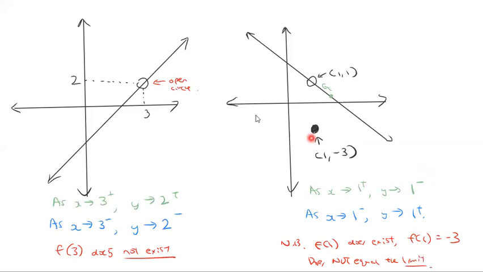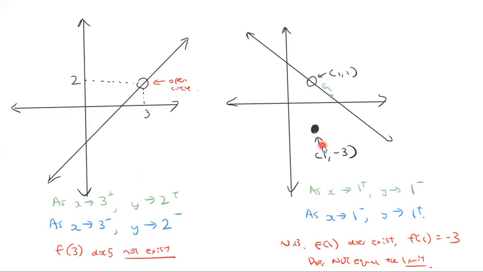So you can have situations where the limit exists and the right-hand limit and the left-hand limit are equal, but the function either doesn't have a value at that point, like here, or it can even have a value that's just not the limit. It depends on how you define it. Does that make sense?